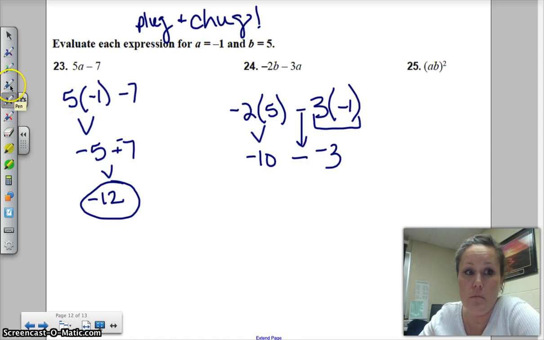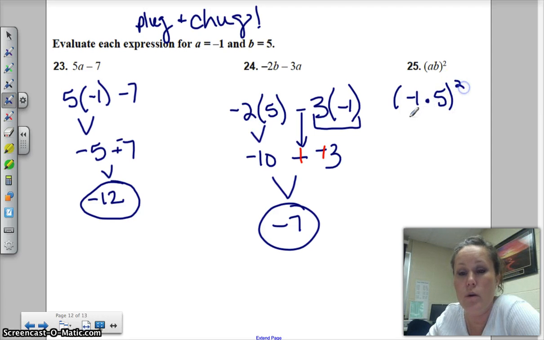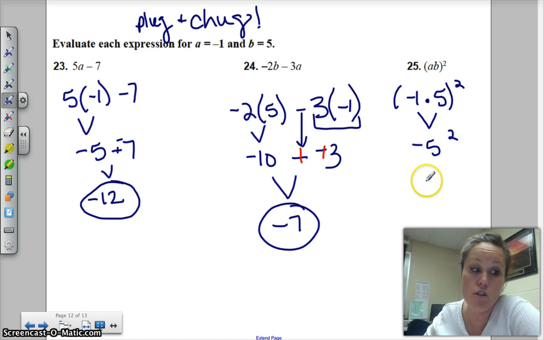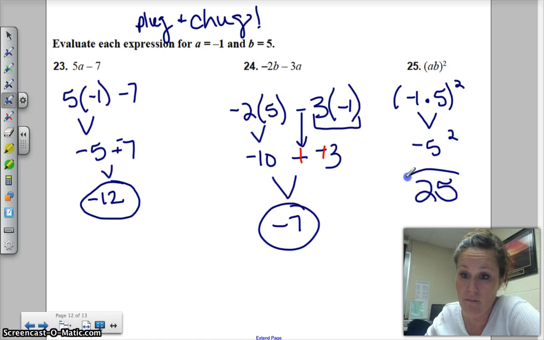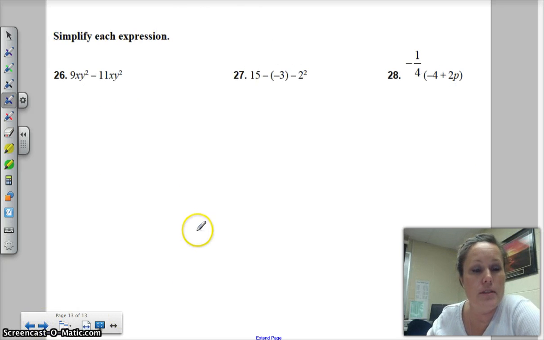This becomes plus positive. So -10 plus 3 is -7. And the last one, AB squared, so I'm going to have -1 times 5 squared. Negative 1 times 5 is negative 5 squared should be 25. Boom.